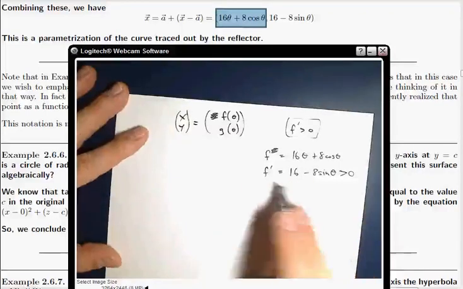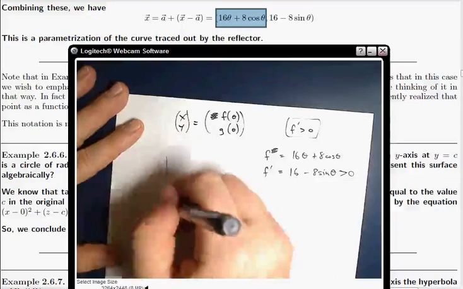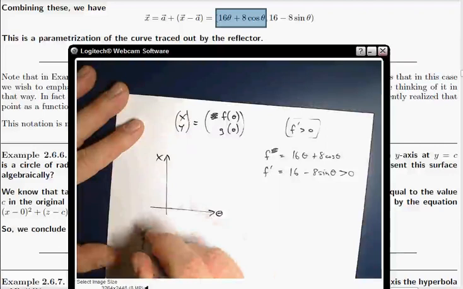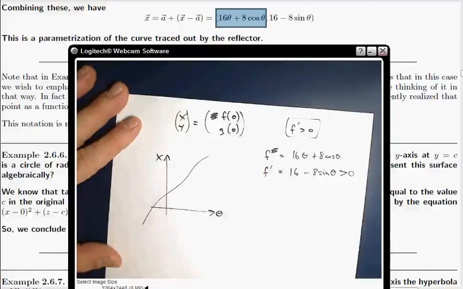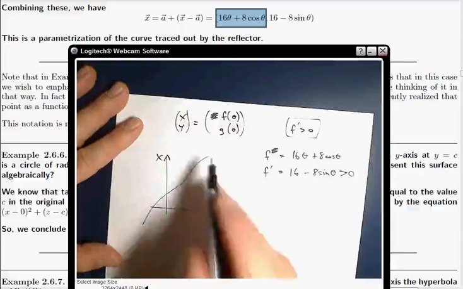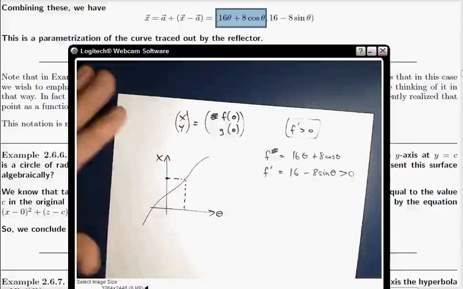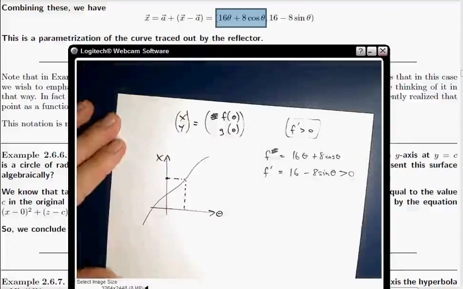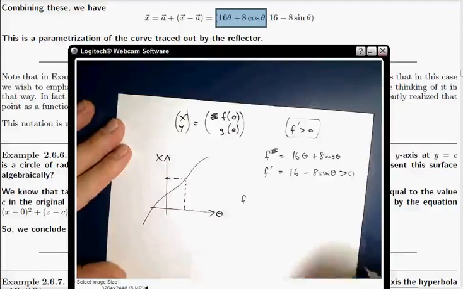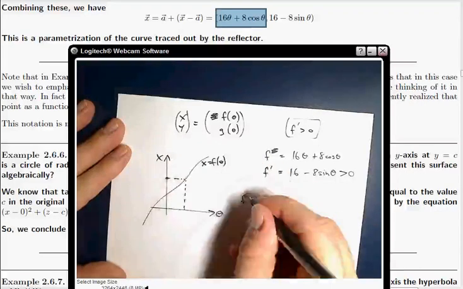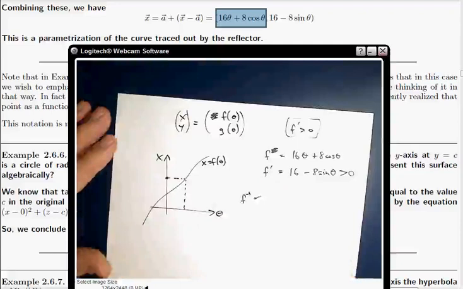So if f prime is always positive, that means that if I were to draw x as a function of theta, it's always doing something kind of like that. And so, because it's always increasing, this is an invertible function. This is x equals f of theta, and I can talk about f inverse, and it's okay.